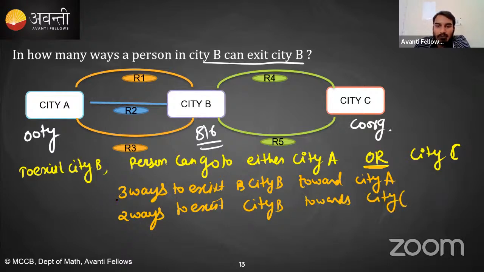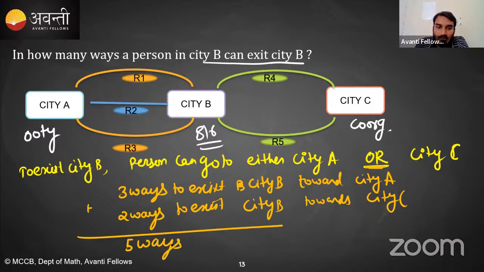So there are three choices to exit city B towards city A, or there are two ways that the person can go to city C, right? So now you will add. Now there are a total of 5 ways to exit city B. Clear? Is this clear?